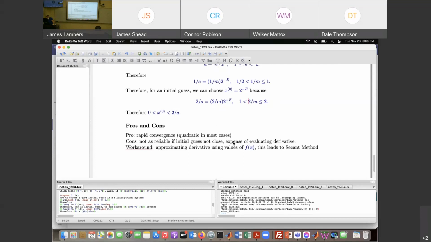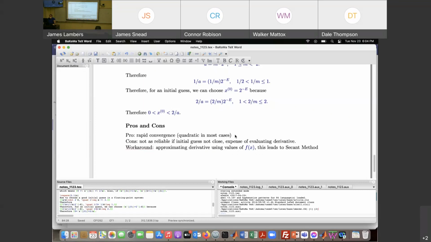Another drawback is in terms of, believe it or not, efficiency. Even though Newton's method requires fewer iterations than other methods we've seen so far, each iteration is more expensive because you have to evaluate the derivative at each iteration. And for certain functions, that can be quite expensive. And that is why a good workaround is, instead of actually computing f prime, you can approximate the derivative using a difference quotient, like the numerical differentiation method that we've seen, although it's not with equally spaced points because we don't have that.